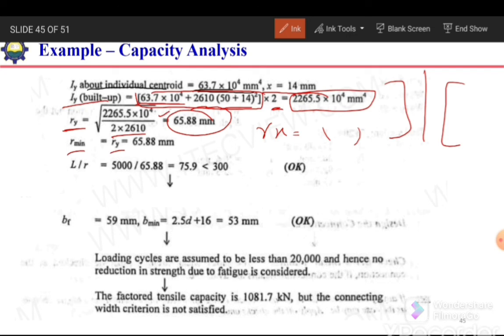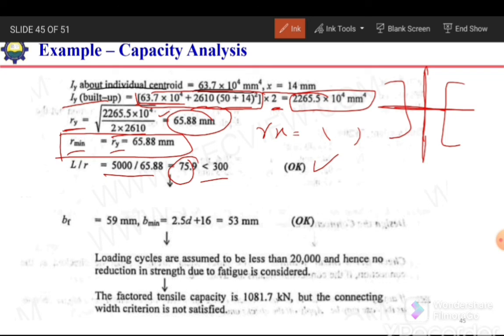Here we have assumed that this axis is stronger, so the bending will be along this y-axis, and this is the weaker axis, so we only calculated for Ry. Once we have our minimum value, length divided by R gives the slenderness ratio, and it should be less than 300, so it is okay.